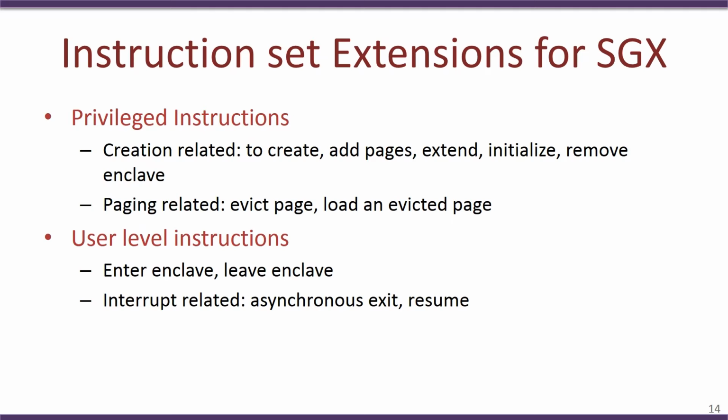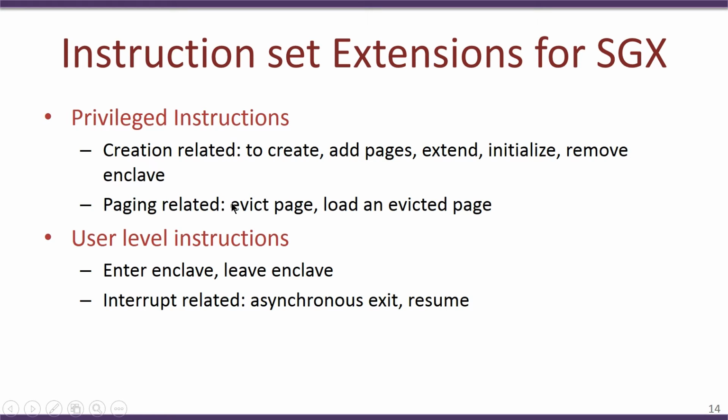The privileged instructions should be run as a super user, where you have instructions to create an enclave, add pages, extend pages, remove an enclave, and so on. Also, paging related aspects such as eviction of a page and loading of a page are all done as part of the privileged instructions.